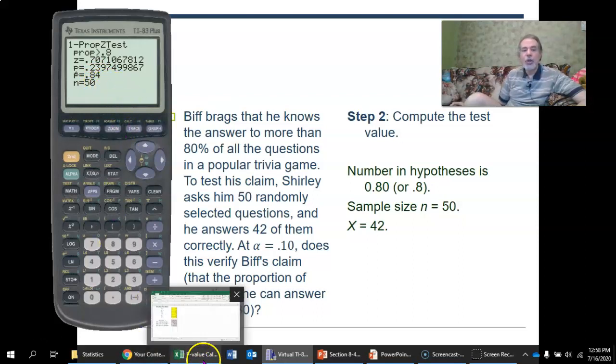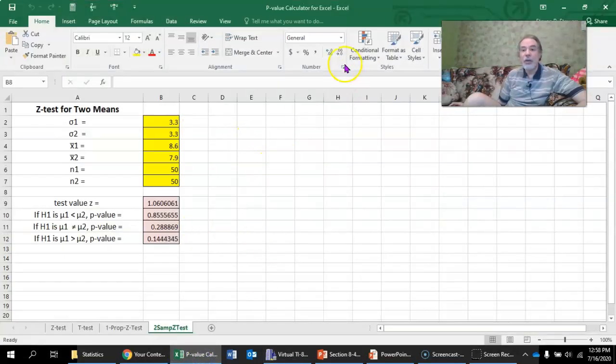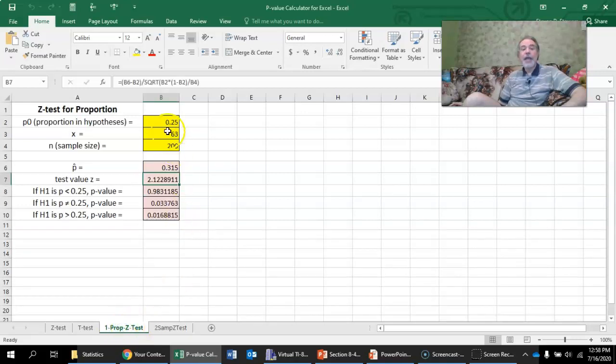Now, if you wanted to use the Excel spreadsheet that I said you could download from Canvas, open that up and go to the tab labeled One Prop Z-Test and fill in the three numbers in these yellow boxes. This is the same thing that we just showed on the calculator.